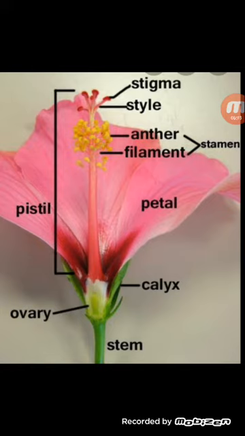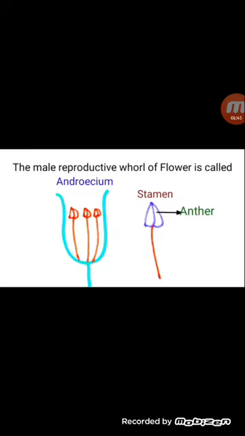Now, let's move and see where exactly the anther is located. So today we shall see the structure of anther and study tiers of anther. The male reproductive whorl of flower is called androecium.